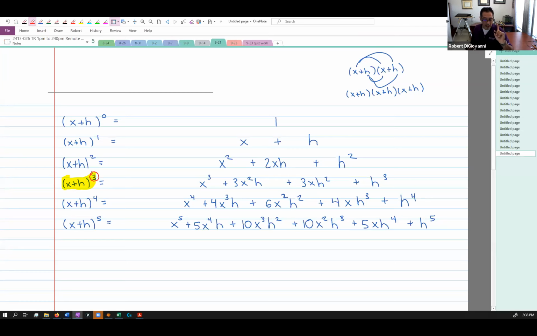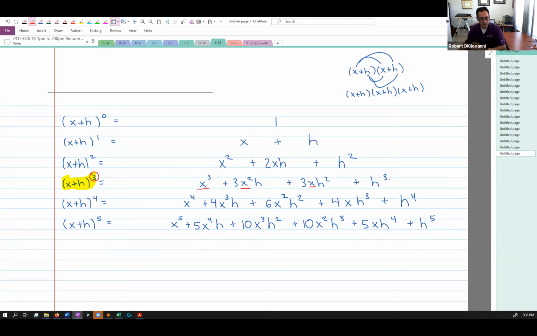Just look at the x's in the answer. Where do we start? X cubed, right? The next x term is x squared. Next one, x. Next one, gone. So as you move from left to right, the x started out as x cubed, then went down to x squared, then down to x, and then gone.